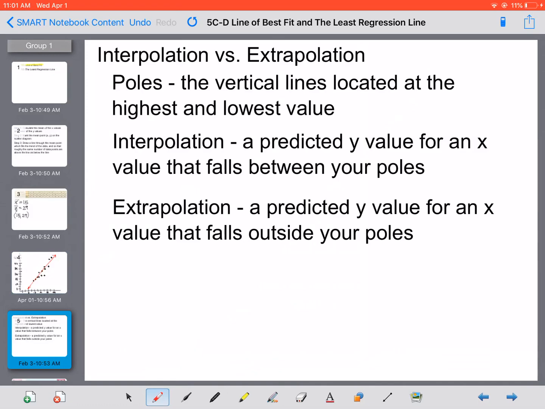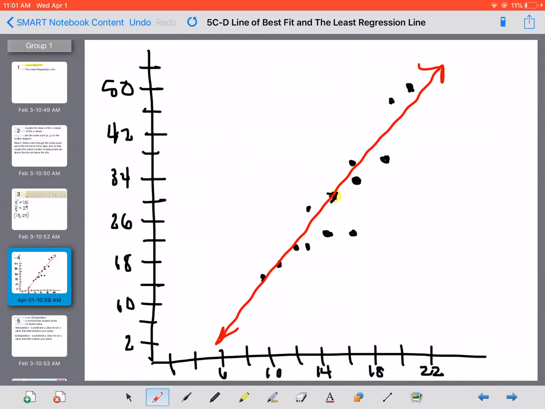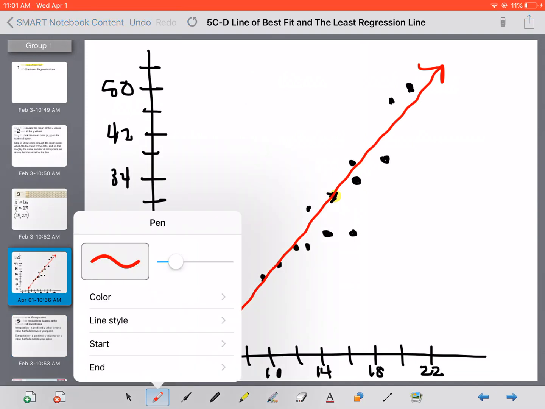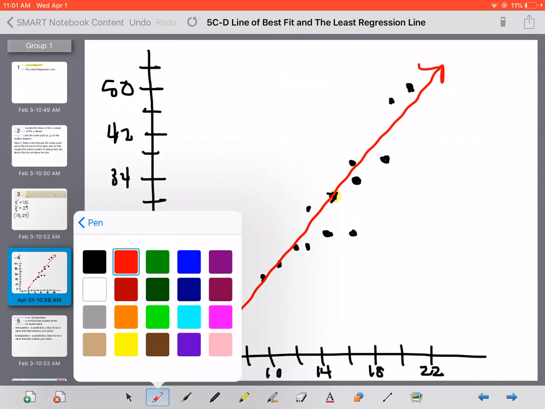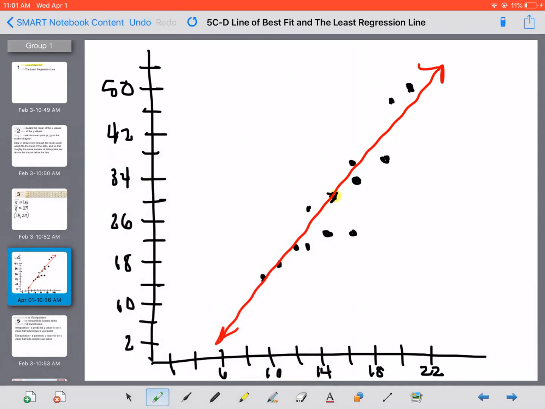So this is important when you are asked to predict. If I am looking at this example here, my poles are going to be, that's not a straight line, but there's my lowest point, and here's my highest point. So those are your poles.